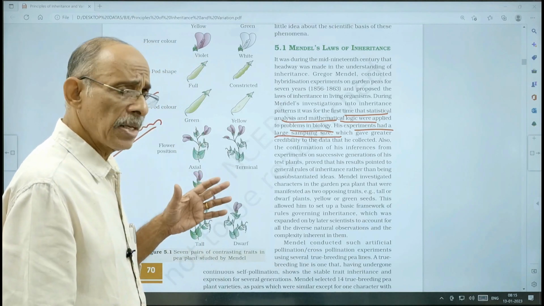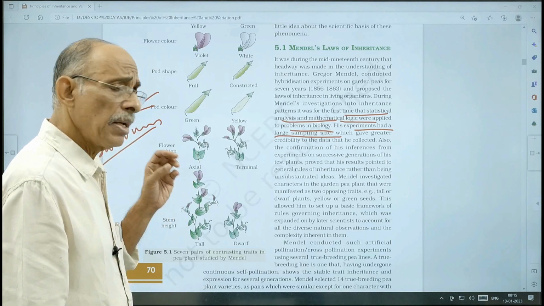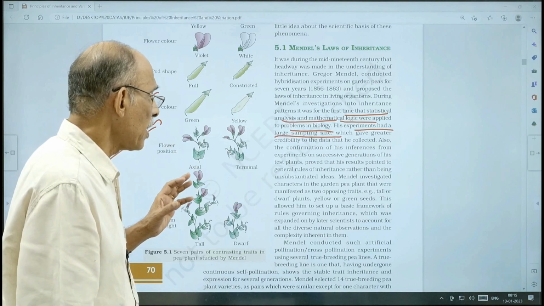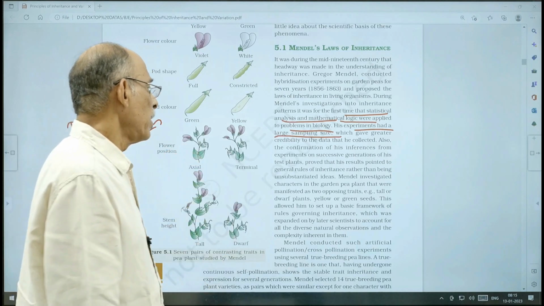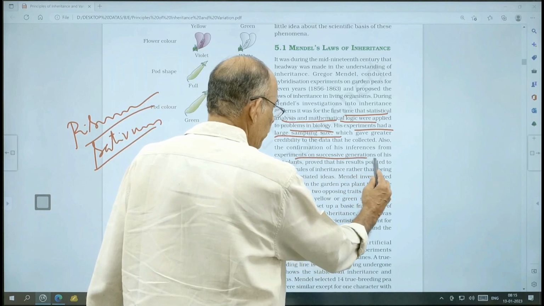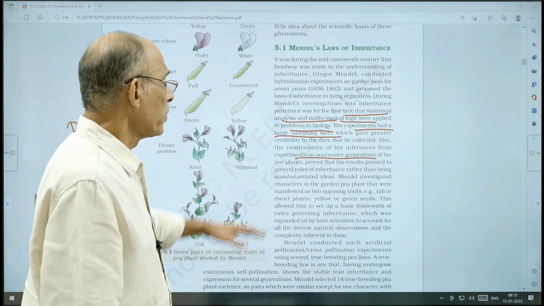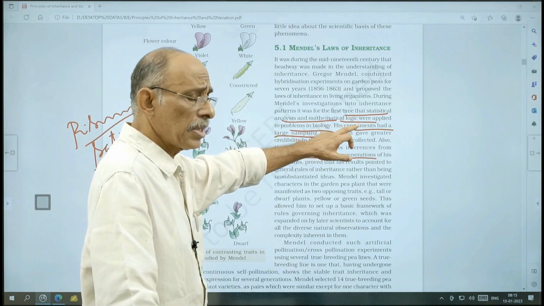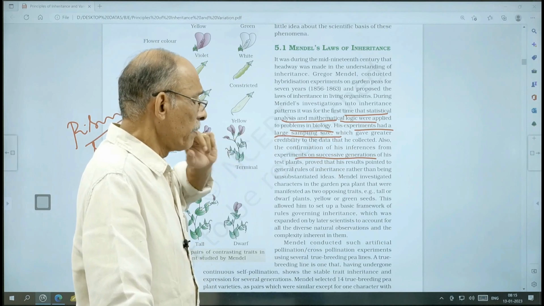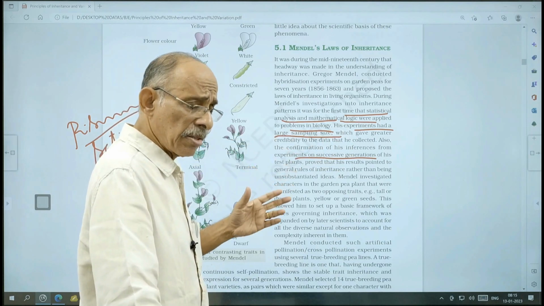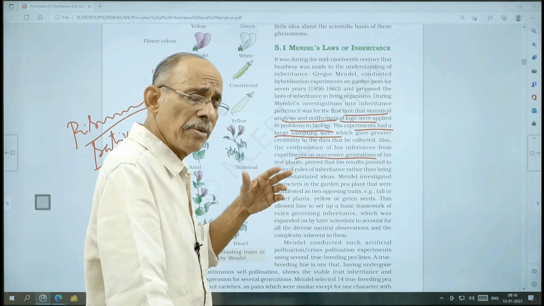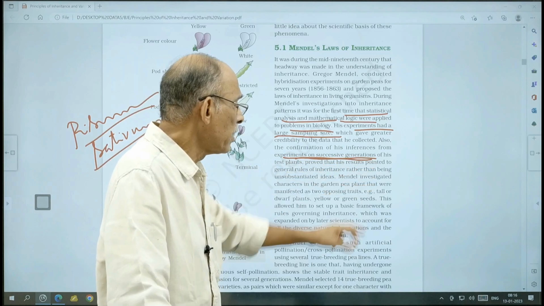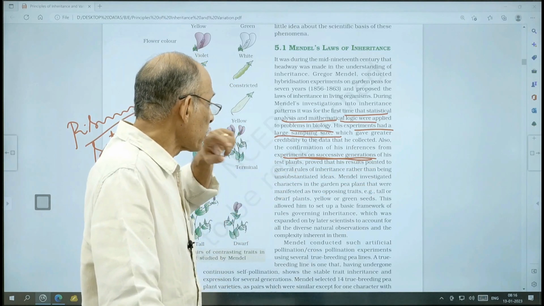Second, he had a very large sampling data, a very large number of plants. When data is maximum in number, the results will be more accurate. And third, he continued his experiments, his crossings and studies, for several successive generations.